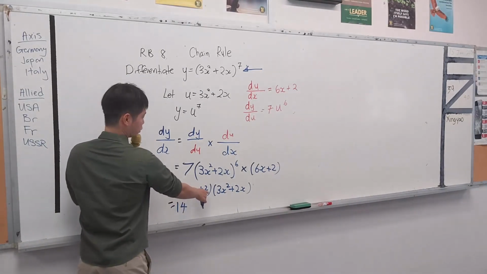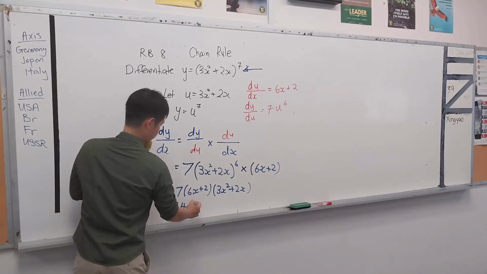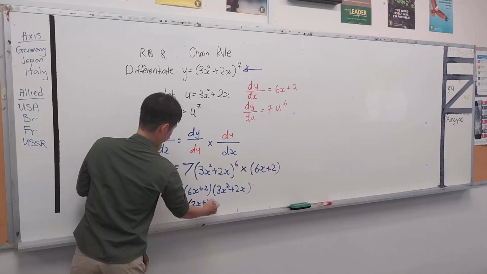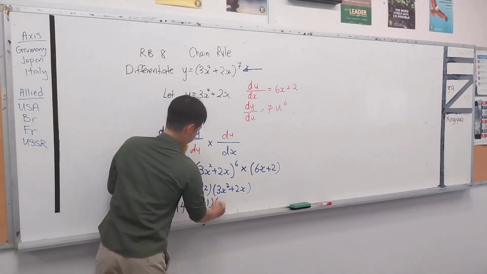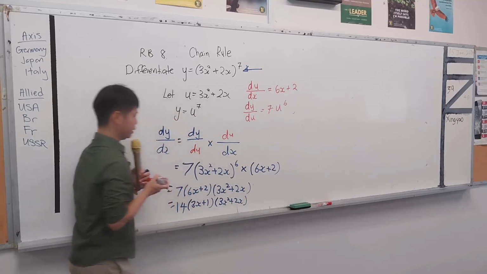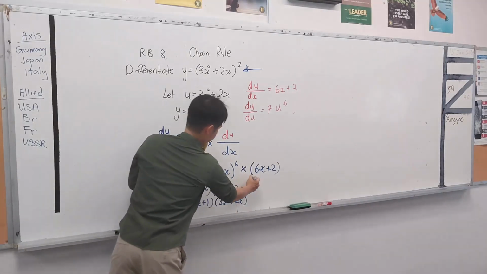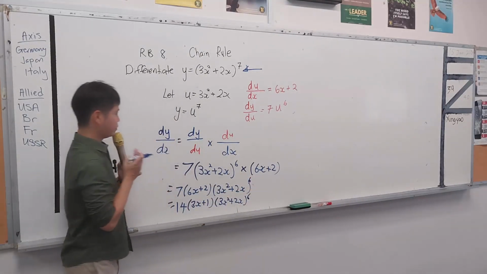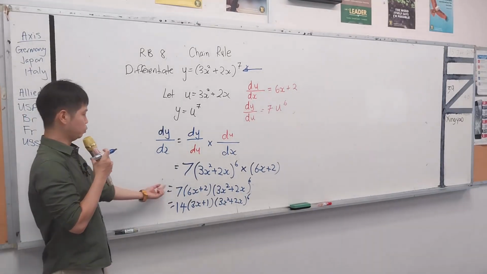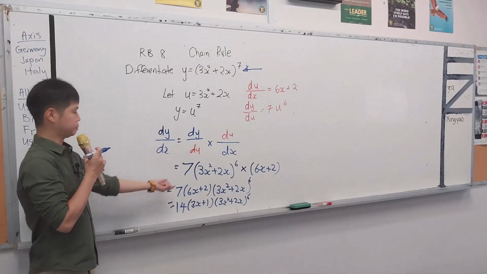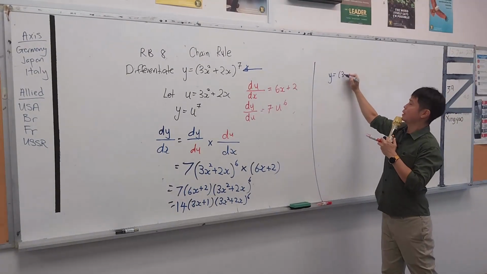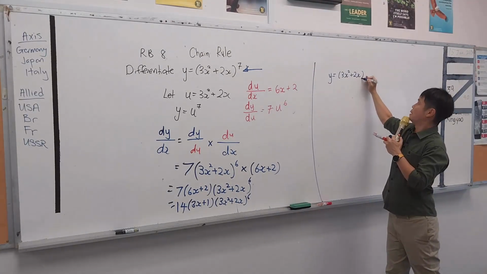I factorize out the 2, so I got 3x plus 1. I'm not fussy about whether this is the final form or this is the final form, but I need you all to group the terms properly. So I will write y equals 3x squared plus 2x power 7.